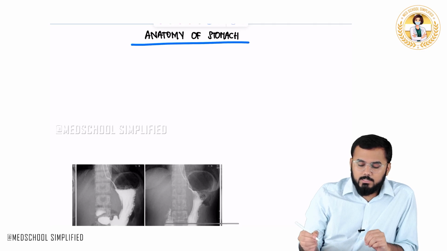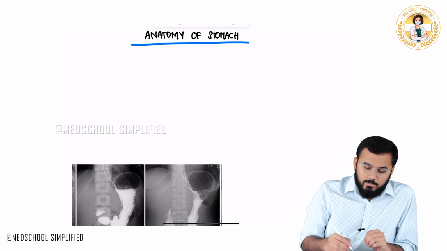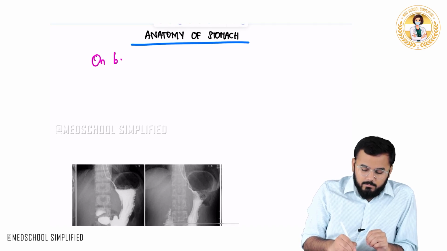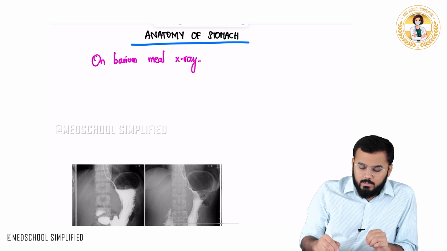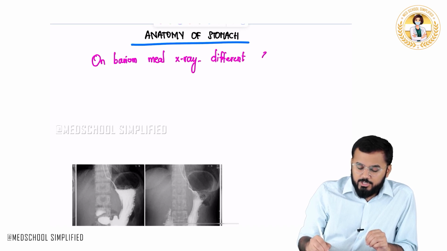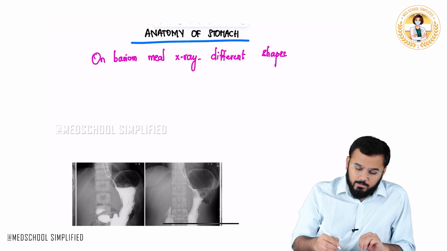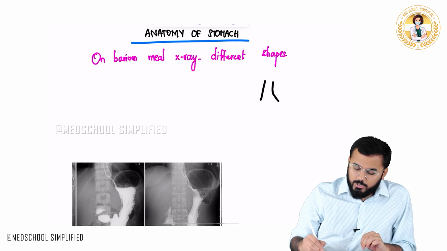So what is this anatomy of the stomach? On the barium meal X-ray, different shapes are seen. What are the different types of shapes? For example, let us say this is one shape of the stomach which you can see.